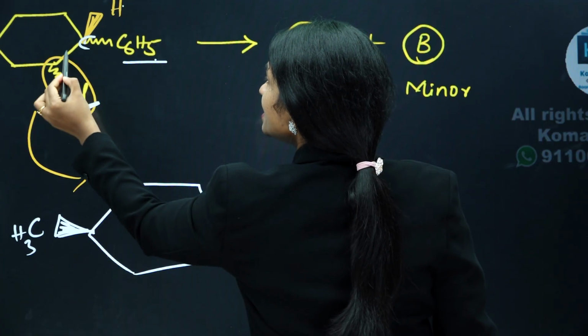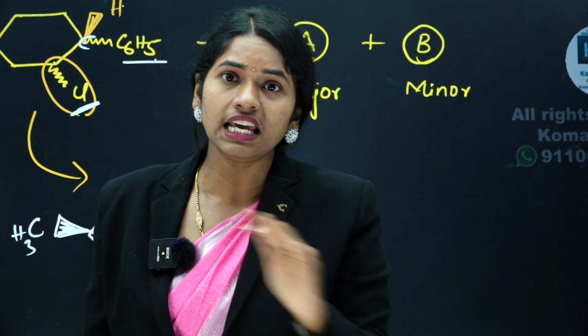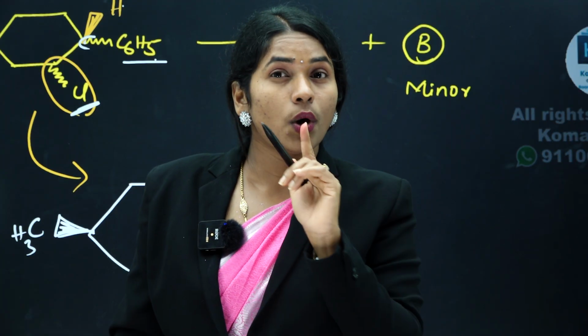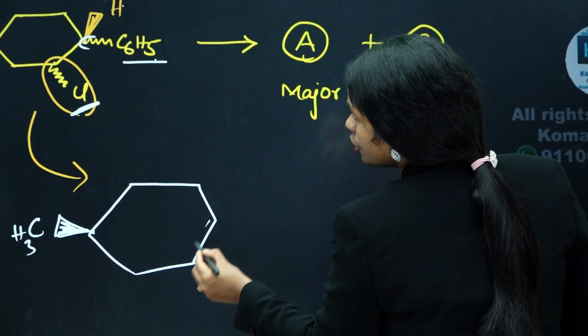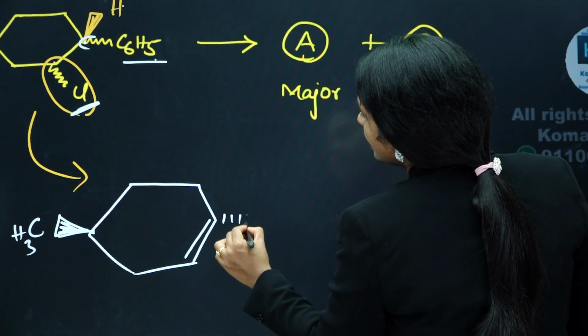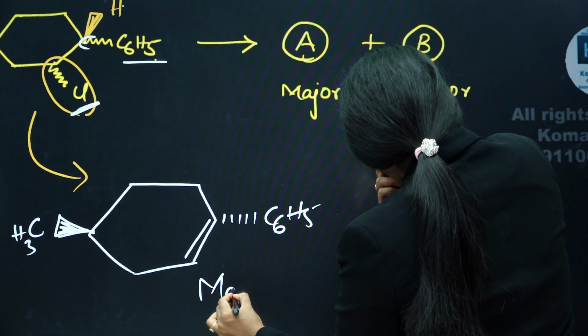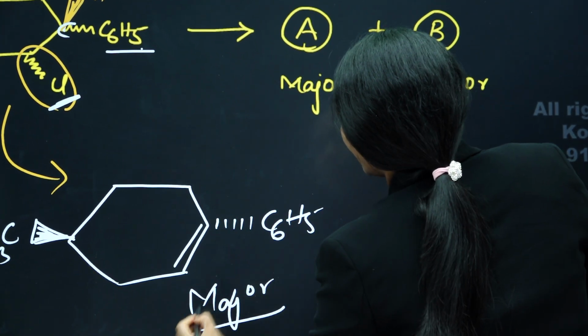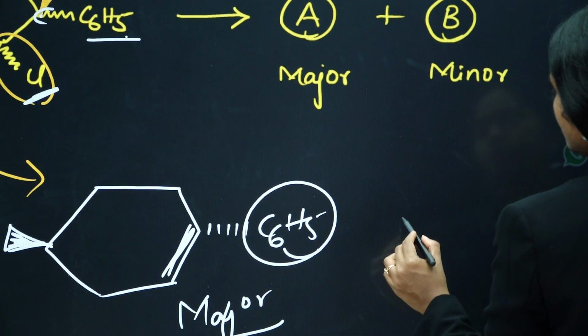Because this carbon is surrounded by 3 bonds. Actually total 4 bonds. Out of 4, only 3 are present, means 1 hydrogen is hiding. Then you remove this hydrogen, you remove this chlorine, then only C6H5 is left. This is major. Why is this major? Tell me. Here the benzene ring is in conjugation.